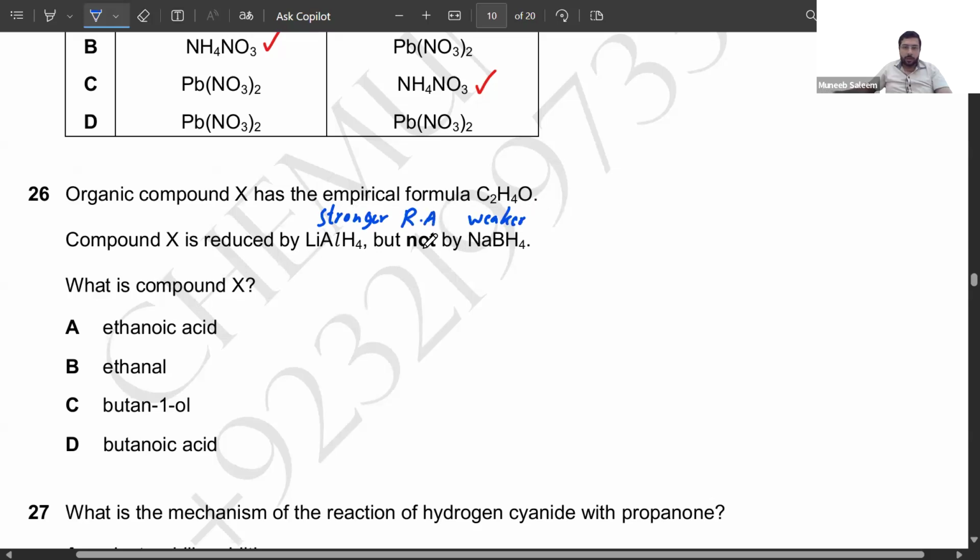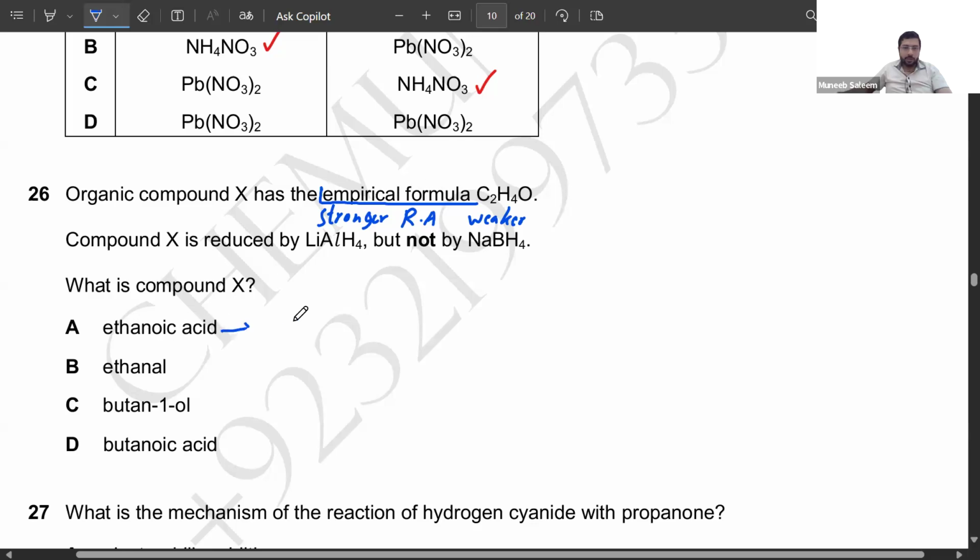So we have to decide which of these compounds will be reduced by LiAlH4 and not by NaBH4, and it must also match the empirical formula.